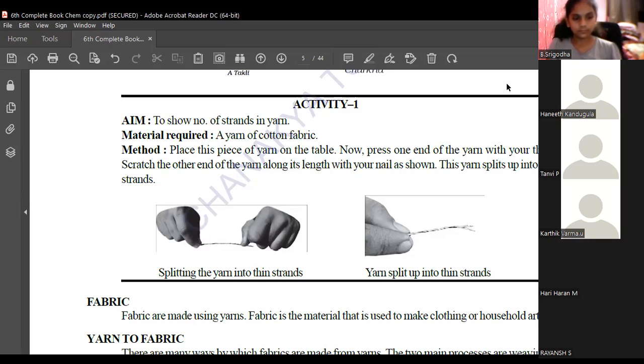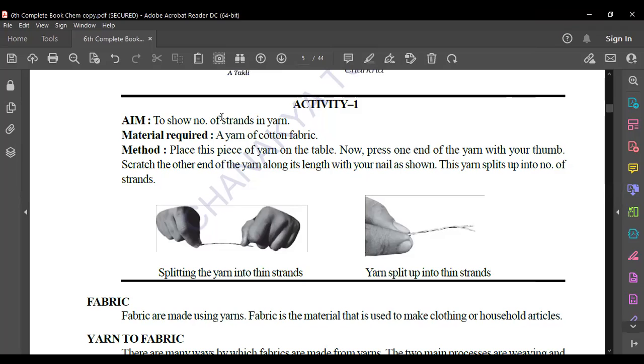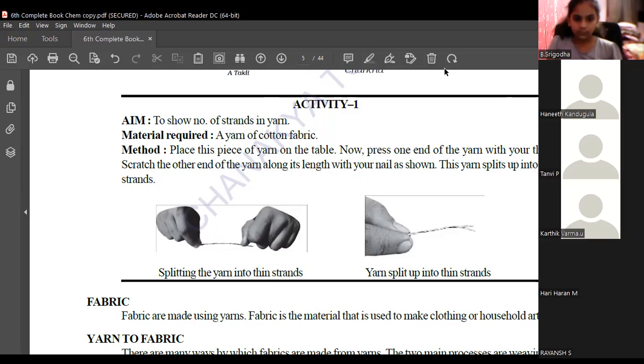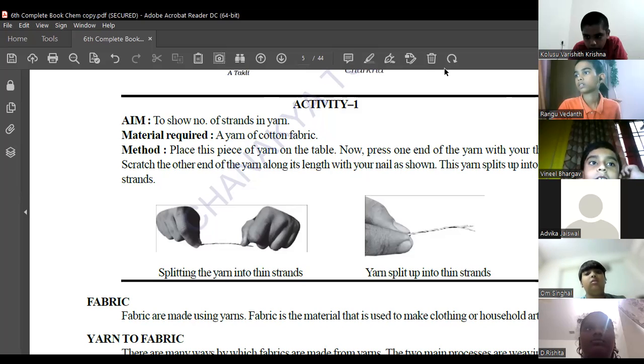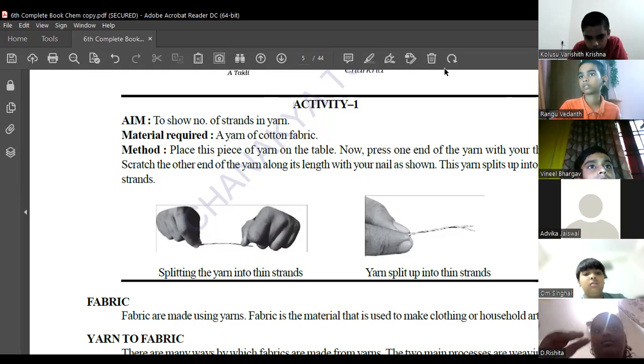So what is activity one first? To show the number of strands in yarn. You have to do this at home.